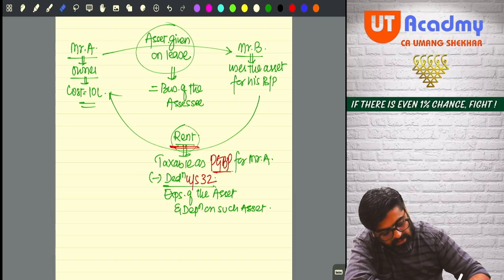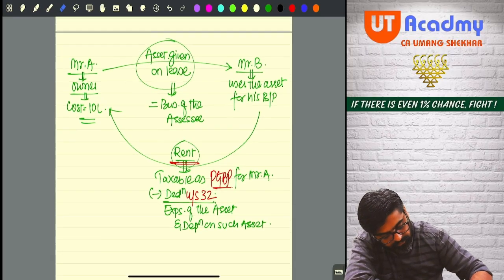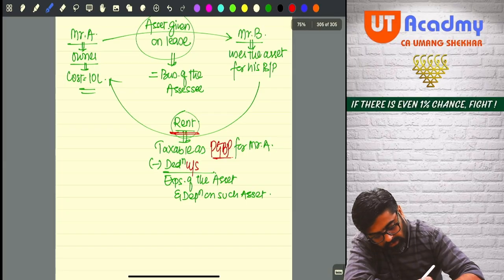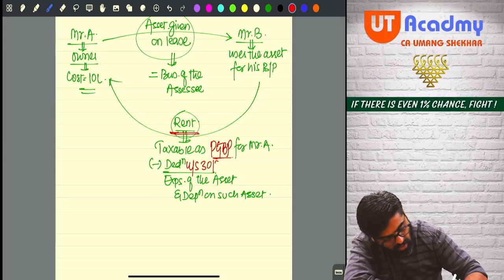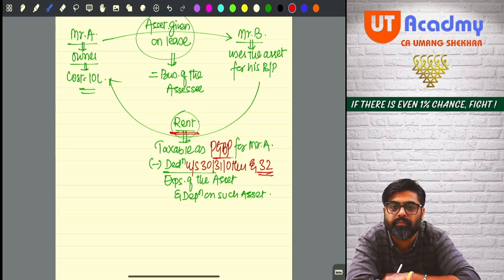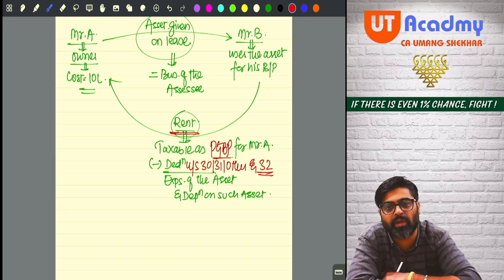Expenses of the asset under section 30 or 31 or other sections, and depreciation under section 32. Because the income of this asset is shown under PGBP, the expenses as well as depreciation of these assets will be claimed by the owner only under the PGBP.